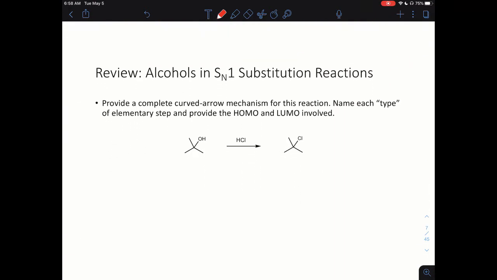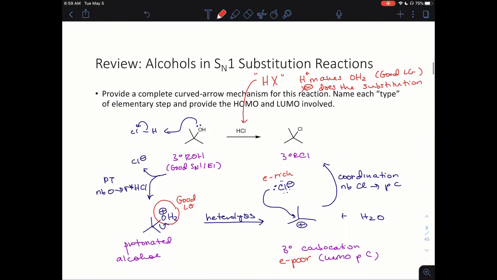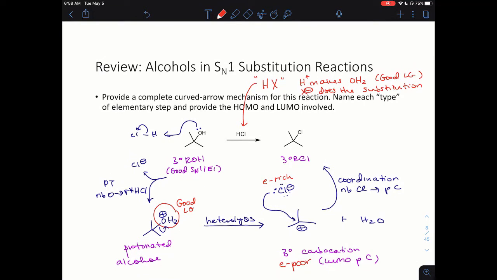Again, if you did not go ahead and try to review the substitution mechanism here, pause and do so. Now the difference between this reaction and the previous one is that we have HX, we don't have sulfuric acid.